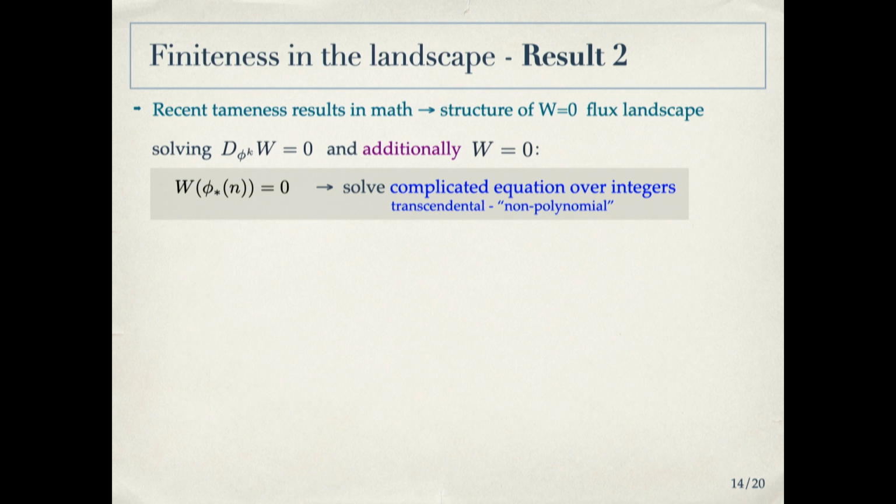So now we have a very complicated equation, which is often transcendental. Transcendental means that the function doesn't satisfy any polynomial relations. So a very non-polynomial equation, and this has to be additionally 0.